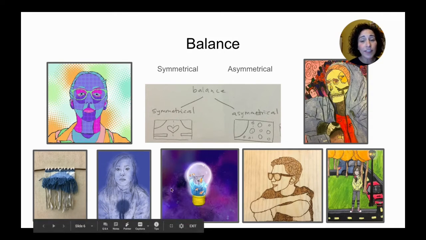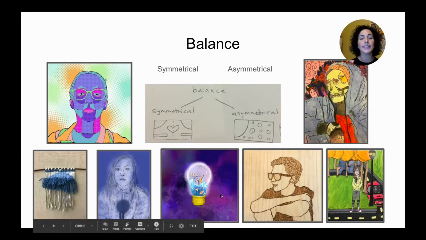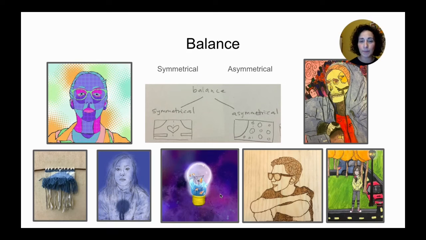Now, in the case of this work here, the student has the light bulb symmetrically on the page, but what's happening in the light bulb is asymmetrical. So you can play around with those designs. When making the decision of if you're going to make your work symmetrical or asymmetrical, one thing to keep in mind is what kind of message are you saying to the viewer?